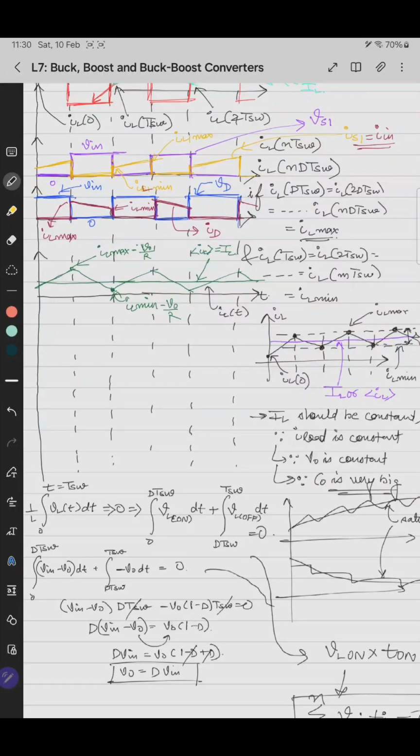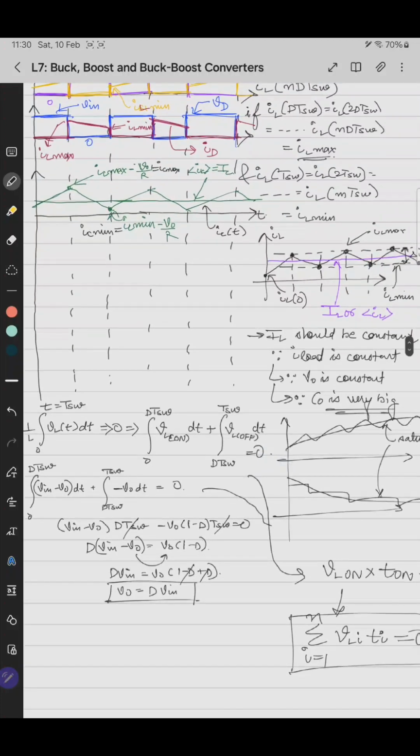Now we don't know the average value of the capacitor current, and we don't know the peak values of IC. So IL max minus V0 by R is IC max, and this is IC min. Now we don't know IC max, IC min and capital IC.